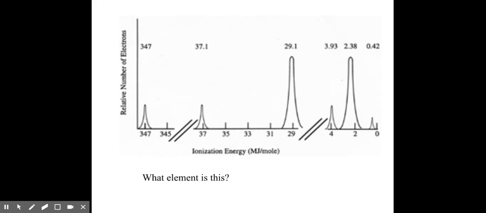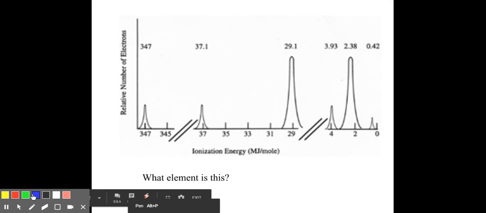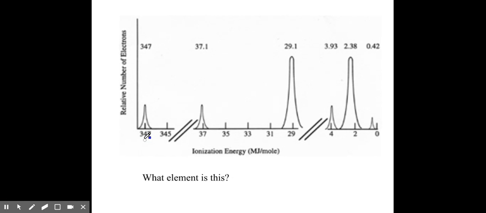So now give this a try and see if you can figure out what element this is based on the electron configuration and the ionization energy. Well, I see here that the highest level is on the left, so this is going to be the 1s.